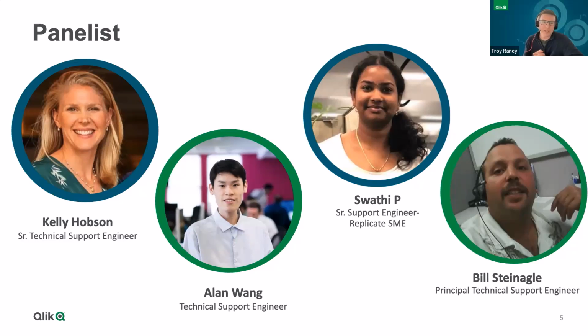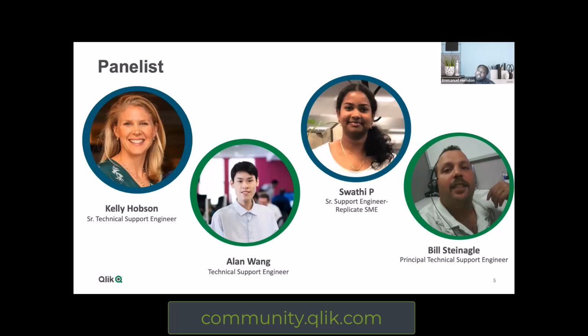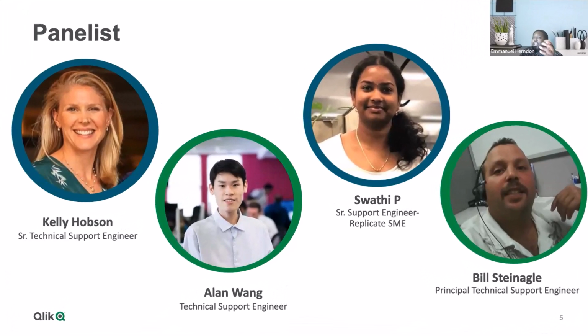We'll see if we can find an answer to that and get back to you. I also mentioned that you can ask questions within the Qlik community because there are tech support experts there who are monitoring that. So if you ask that question in the Qlik community, I'm sure that someone will give you an answer or point you in the right direction.